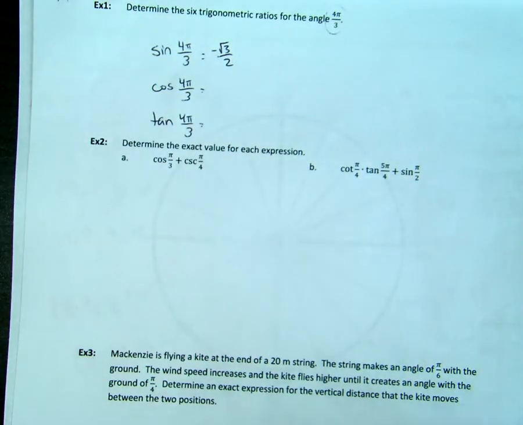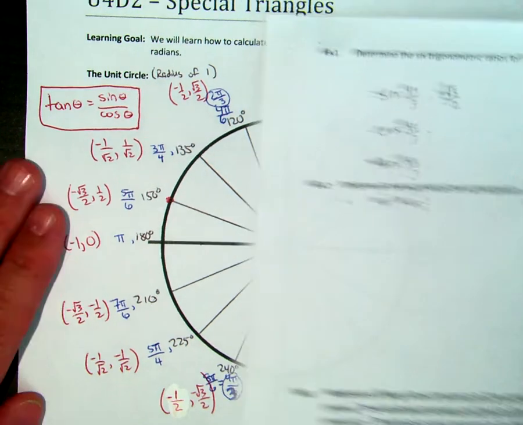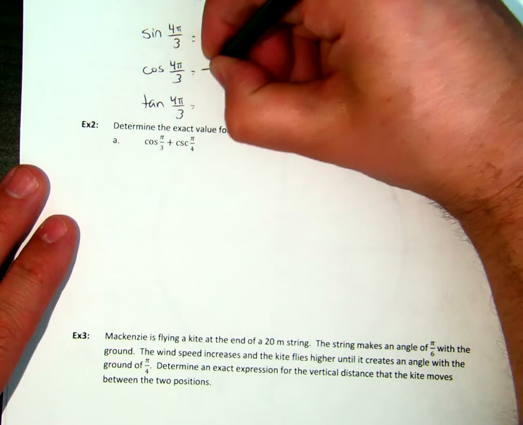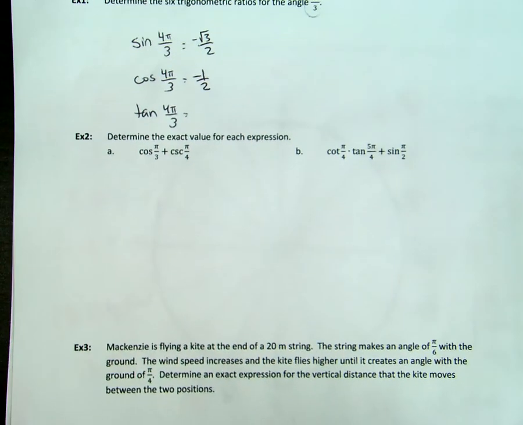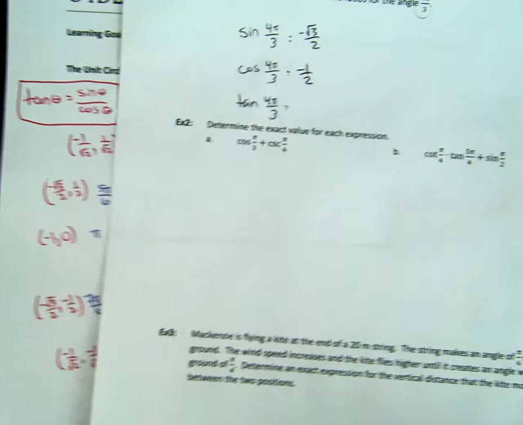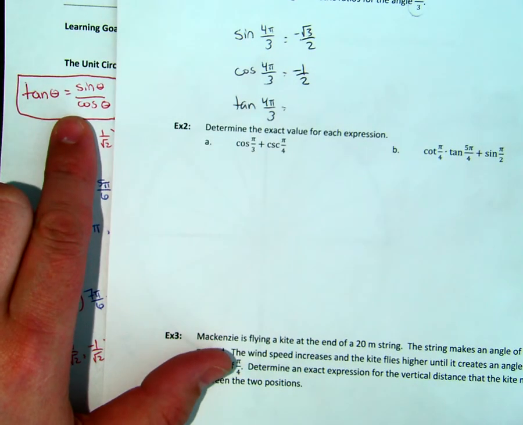Cos of 4 pi over 3, that's easy. That's the x-coordinate. So the x-coordinate is negative 1/2. Well, good thing we fixed that one because that's the one we needed. Negative 1/2. And then for tan, to work out the tan of 4 pi over 3, I'm going to use this formula here. Tan theta is sine theta over cos theta.